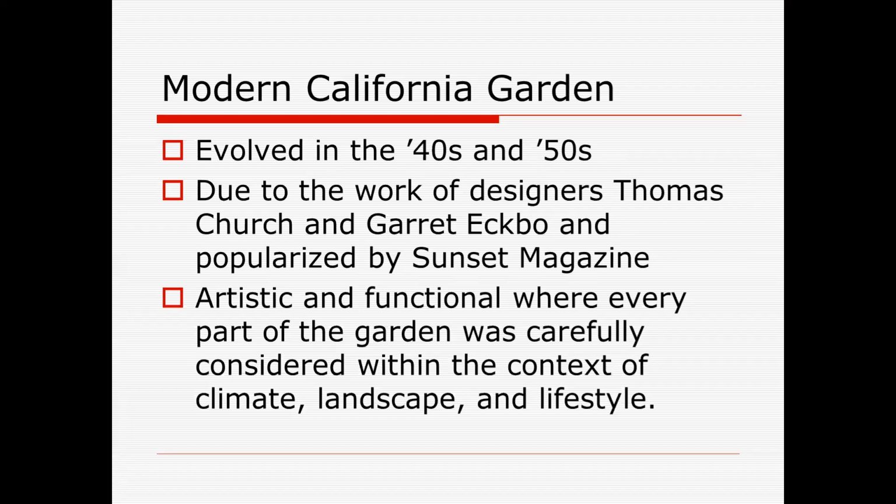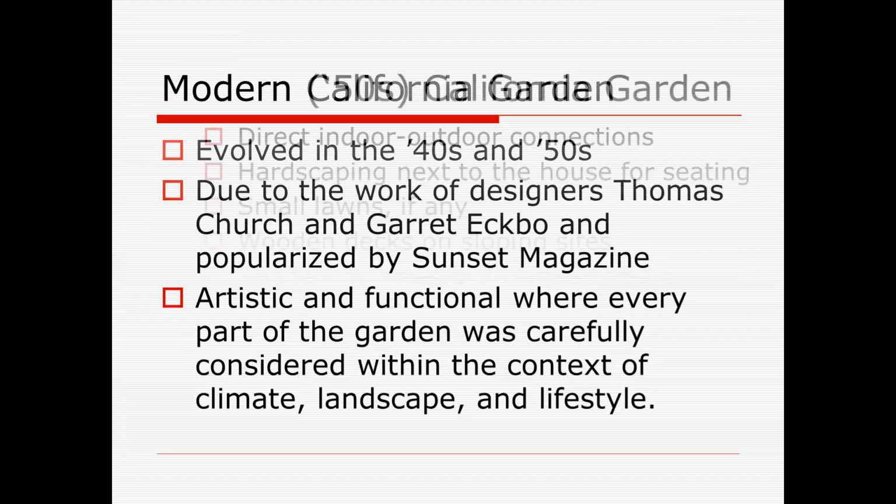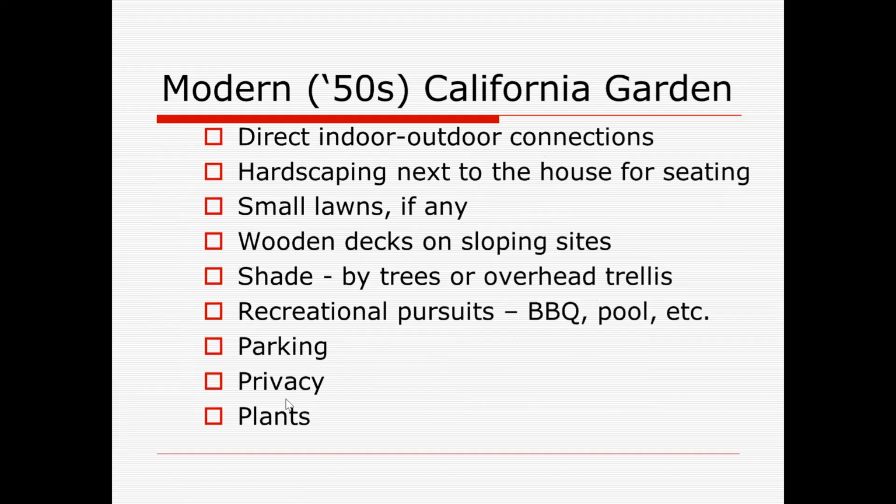Okay. Thank you. So the modern California garden derives from the 1950s, mid-century modern, I guess. I get inspiration by getting old Sunset books at thrift stores that date from that time and going through the pictures in them.